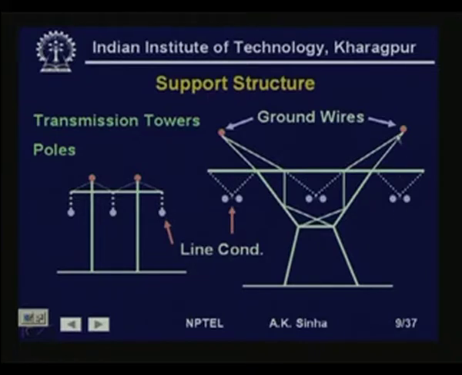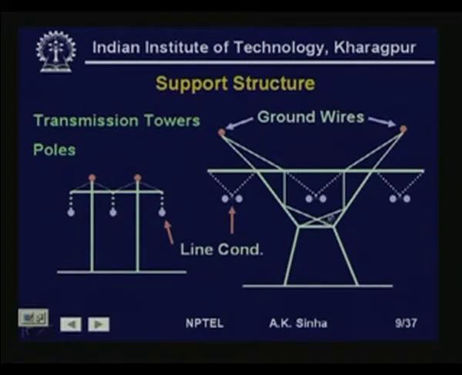Now, in these structures we also find that at the top of the structures, the towers or the poles, we use ground wires. Now, these ground wires are provided mainly to protect the phase wires from direct lightning strike.